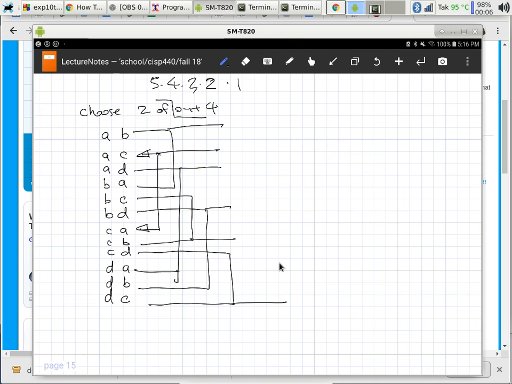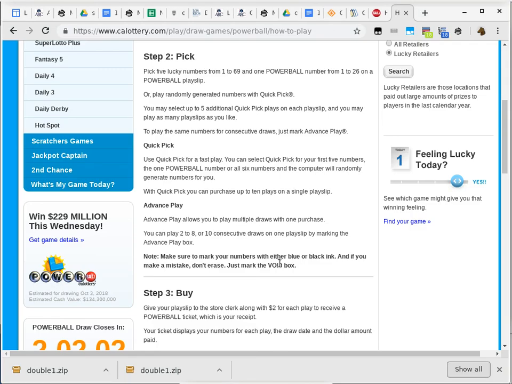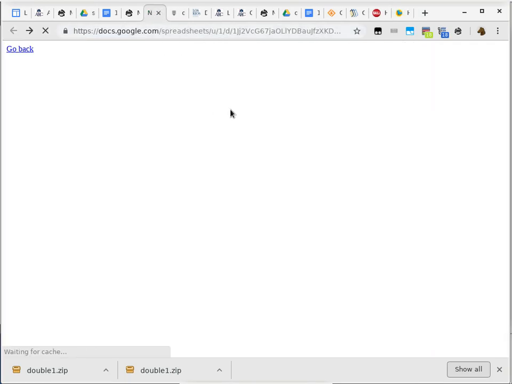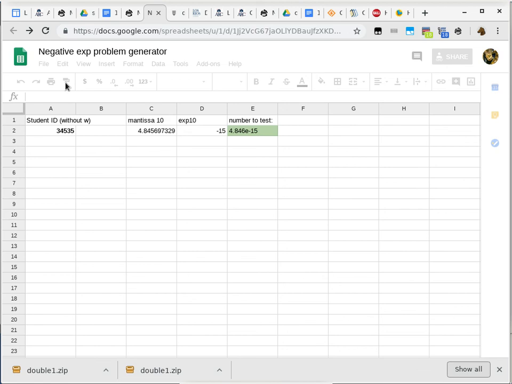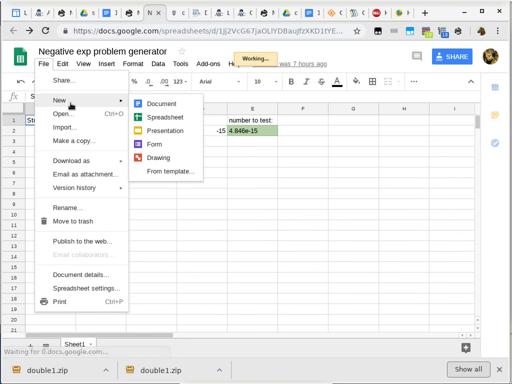All right. So getting back to our example, let's work out that number. The best way to work out numbers is to use a spreadsheet. So I'll start a new one.